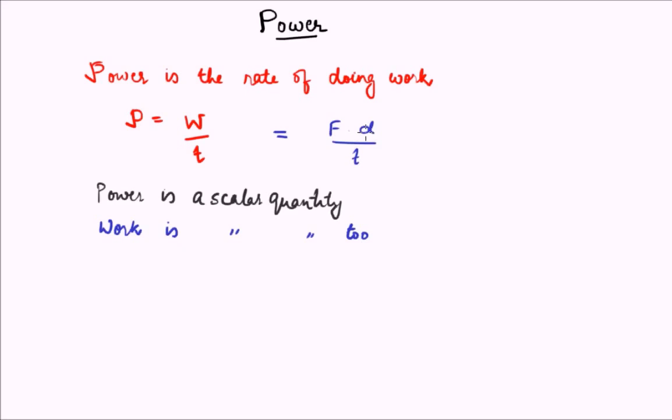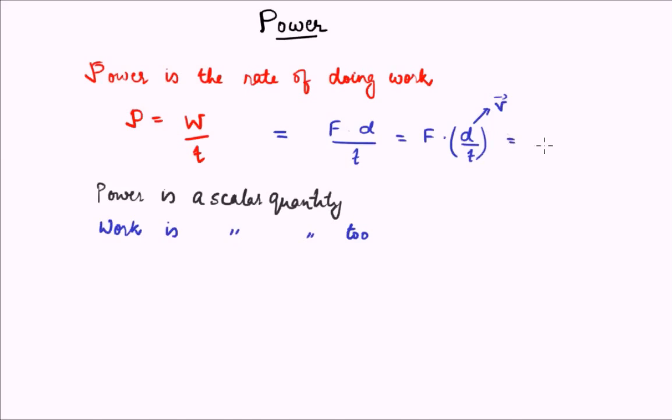So if the displacement is in the direction of the force, then we can write power as Fd divided by t, and this can be expressed as force into the distance moved in the direction of force by time, and this we can say is velocity.